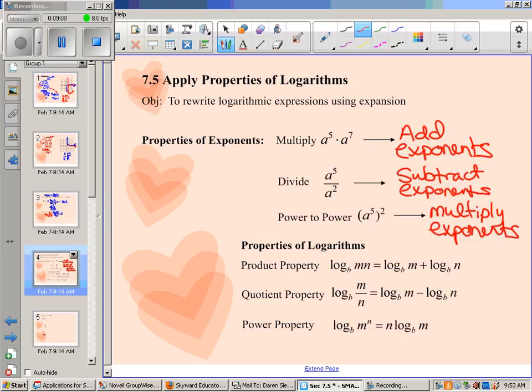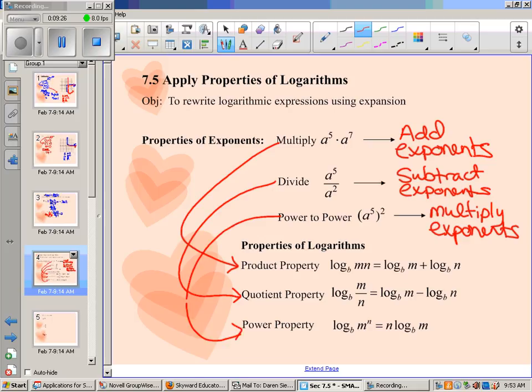And for the power property, log base b of m to the n power, I take that n and I multiply it out in front. So when I'm multiplying, I'm adding. When I divide, I'm subtracting. When I have a power, I'm multiplying. Exact same process we did with exponents, we're now doing with logarithms.